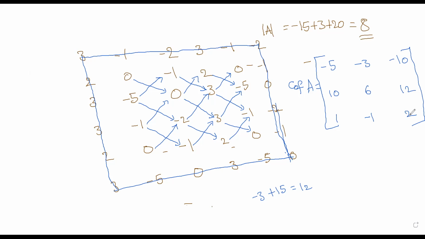Got the cofactor matrix of A. Straight away we have written this. Clear? One by one, stepwise. Okay. Now, slowly.